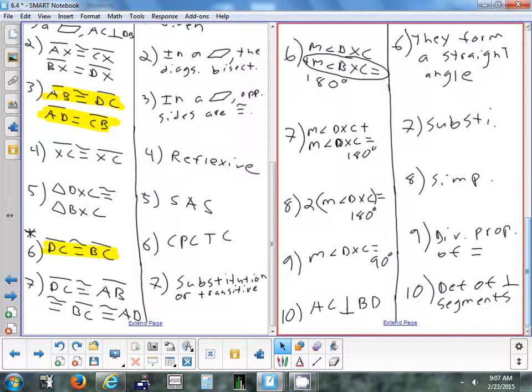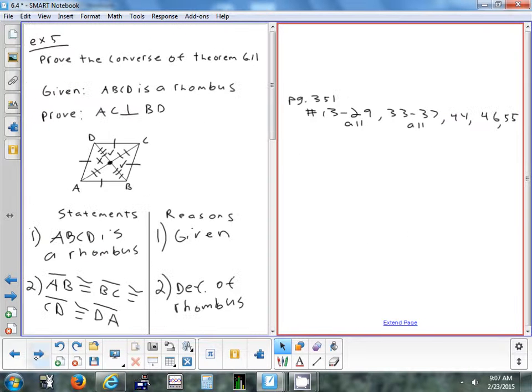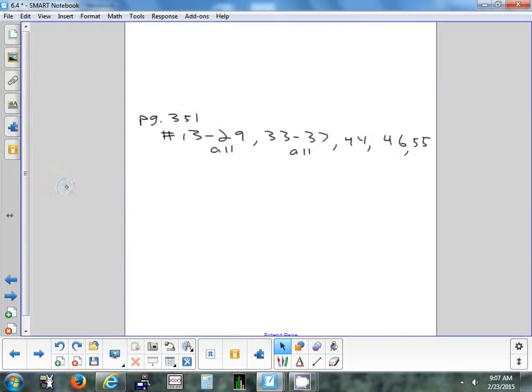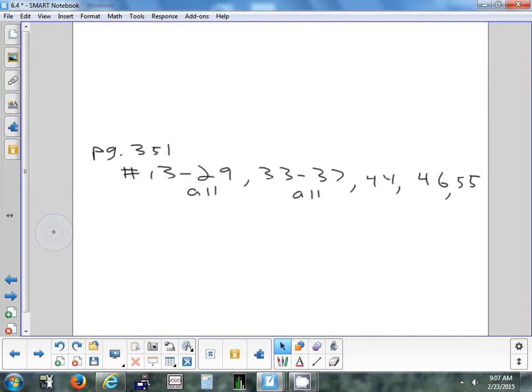Okay, in the homework, mostly I'm going to focus on the examples, maybe one proof. So the homework will be on 351. 13 to 29 all, 33 to 37 all, and then 44, 46, and 55.